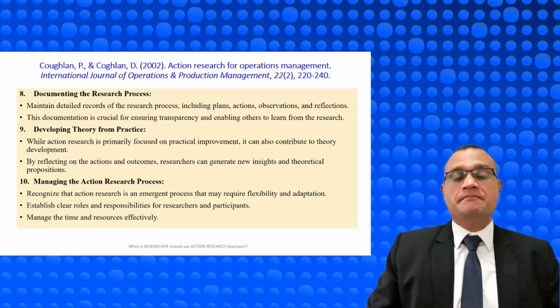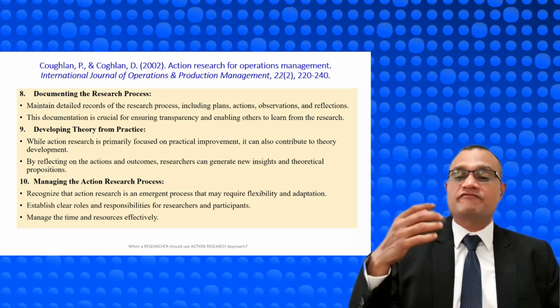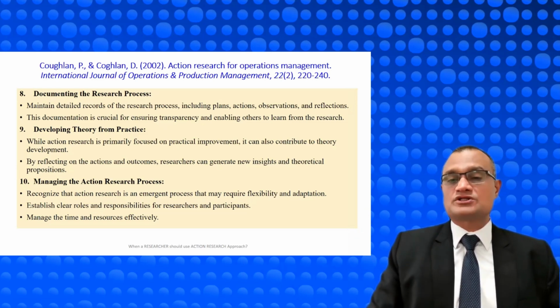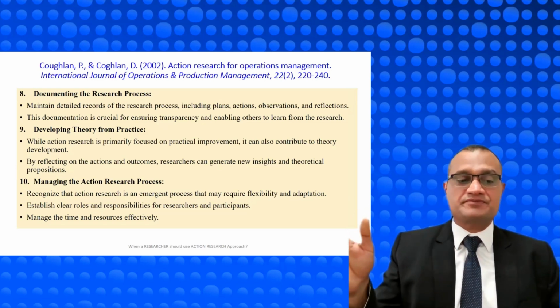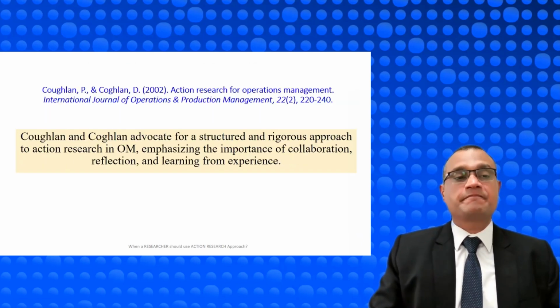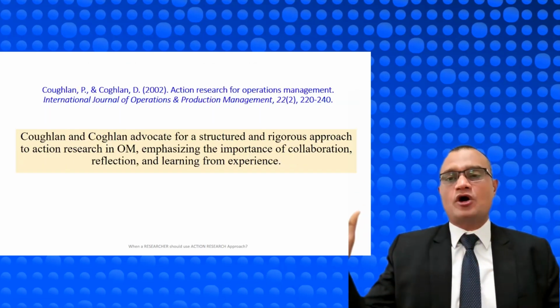Number 10, managing the action research process. You need to recognize that action research is an emergent process that may require flexibility and adaptability. Establish clear goals, responsibilities for researchers and participants, and manage the time and resources effectively. So these are the broad guidelines.